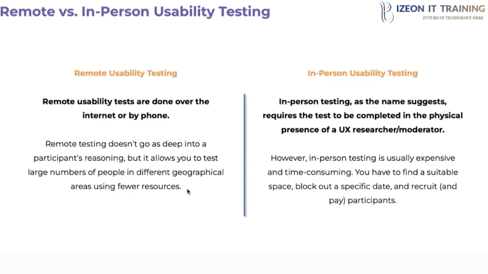Metro cities, or tier 1, tier 2, tier 3 cities all have a different mindset, mentality, spending power and all of those things. So if you want to get feedback from all these kinds of people, then remote usability testing is easier. I won't say it is cheaper, but it is easier if your intention is to get diverse feedback.